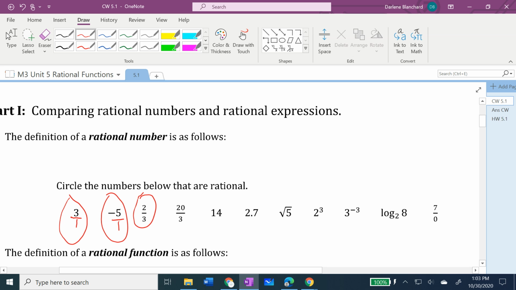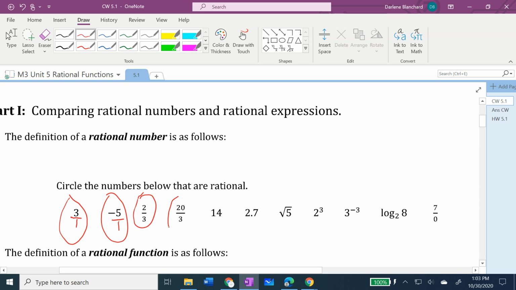So all your really nice integer numbers are also rational numbers. And does everyone remember what an integer is? An integer means 0, 1, -1, 2, -2, 3, -3, 4, -4, and so on. All of those integers are automatically rational because you can have each of them divided by 1.